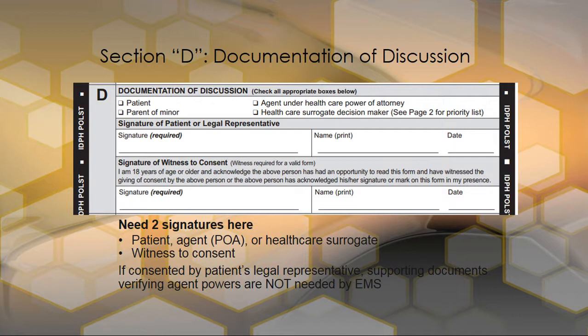So the 2 signatures that we're going to be looking for will either be the patient's healthcare power of attorney, or a healthcare surrogate, in addition to a witness to consent. If consented by the patient's legal representative, supporting documents verifying the agent's powers are not needed by EMS.